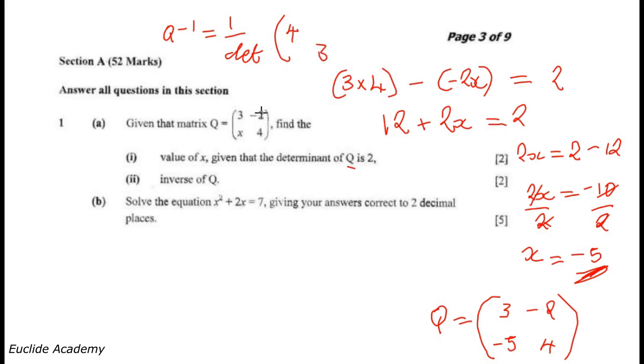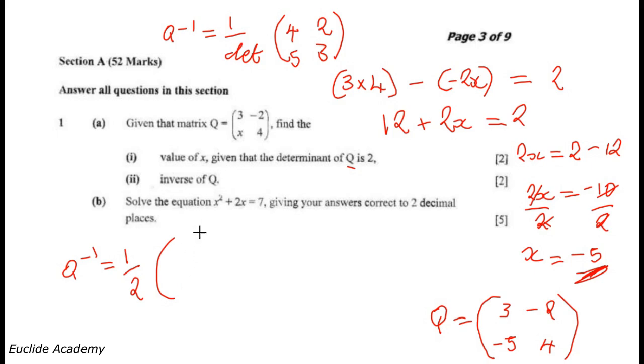Where there's 4, you're going to have 3. And these two entries will change to the opposite signs. So this is negative 2, it will become positive 2, and here we have x being negative 5, it will become positive 5. Okay, so let's do it. The inverse of Q is equal to 1 over the determinant of Q, which they've told you is 2, so you just say 1 over 2 and then you open the matrix like that.